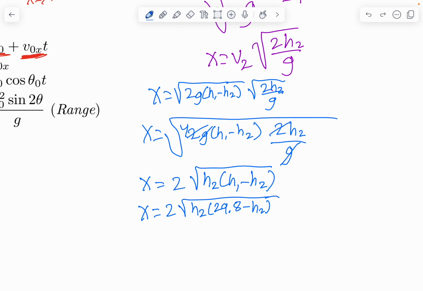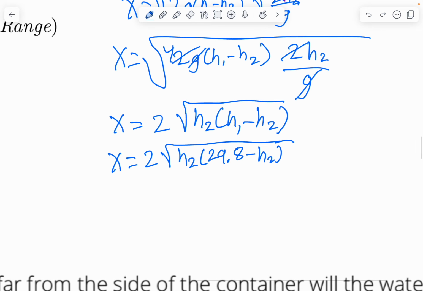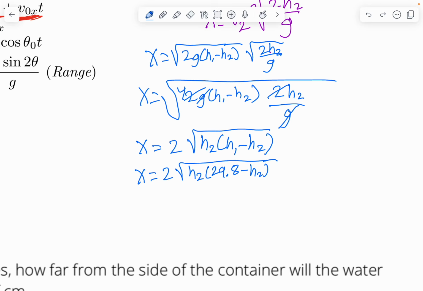I have no idea how they make you find the maximum in your pre-cal or geometry or algebra class, but in calculus, you'll know the maximum is where the slope is 0. So the derivative of the function is 0. If I find this derivative, then I'll set it equal to 0, solve for h2, and then check the ends. You just find where the derivative is 0, and that is where you have a possible maximum. You can also graph it. So if you're not in calculus, you can just graph it.